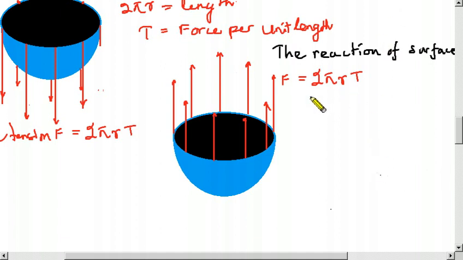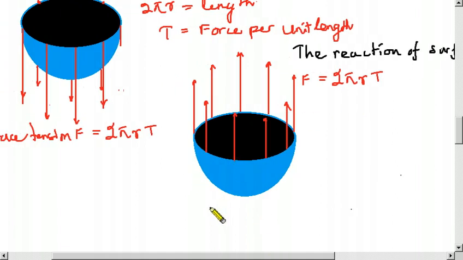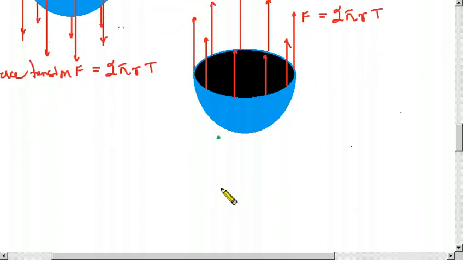So now we have written one force acting on this semi-sphere. Then the outside pressure of this semi-sphere is P naught. Then from that pressure there will be a force towards this area. So the area of this circle is pi r squared. On this area there will be a force like this.